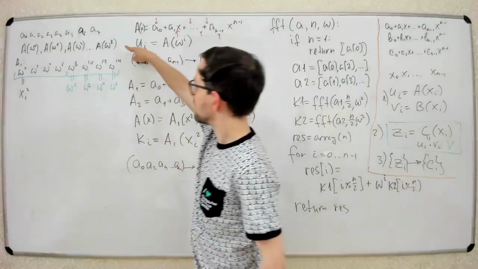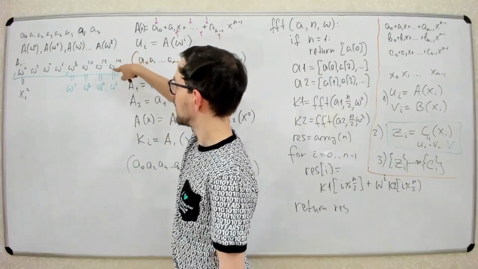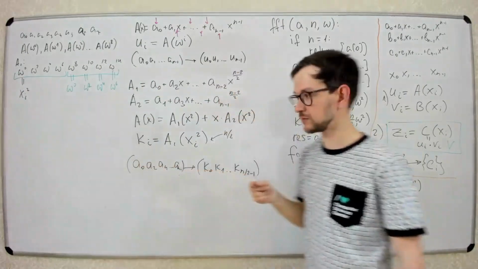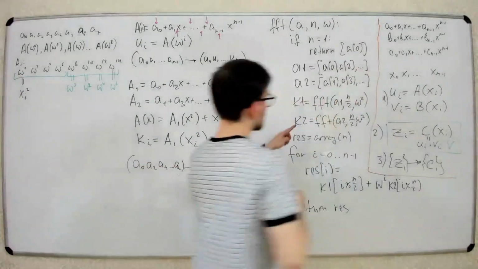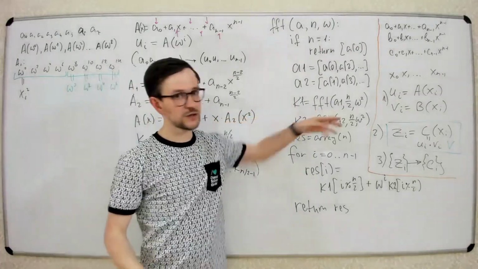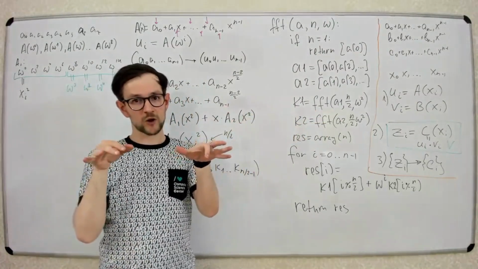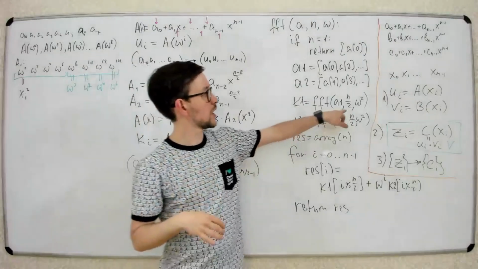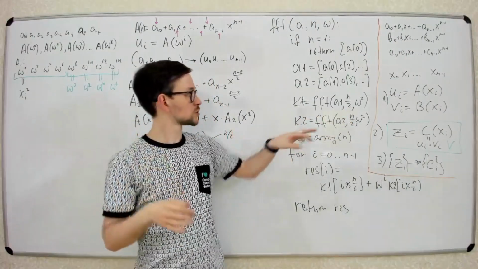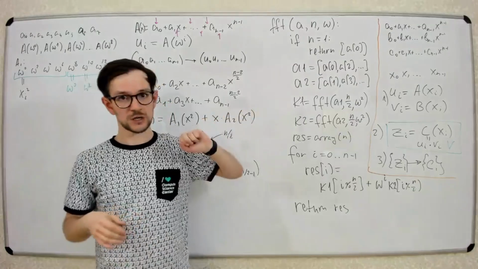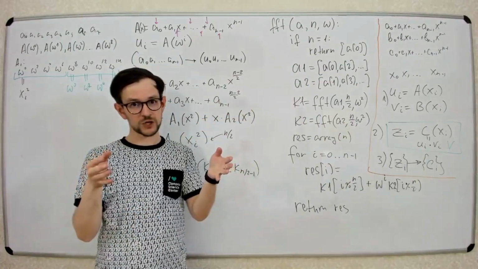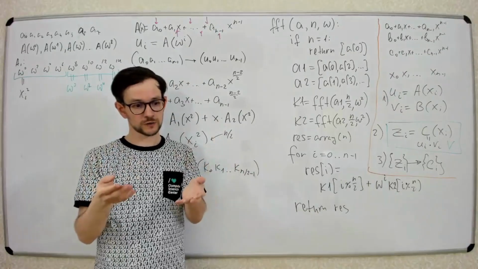So to calculate my values, I only need to calculate this part. This part will be the same. So I run the same recursive procedure, give it only half of my coefficients, and ask to calculate only half of my values. Both these recursive calls take n over 2 coefficients and return n over 2 values.